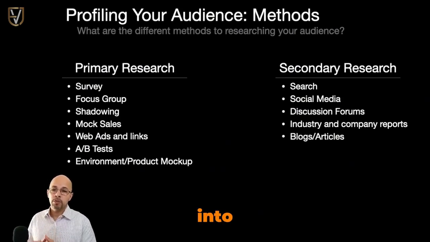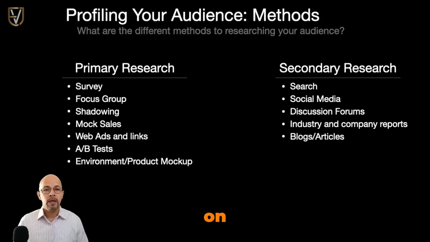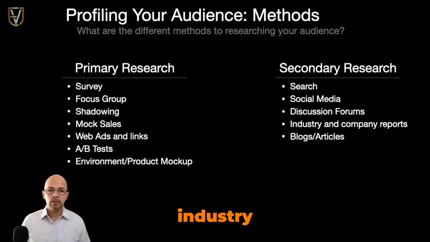You may want to jump into Facebook, Instagram, YouTube, and so on. Discussion forums like Reddit and Quora will sometimes have valuable information if the audience is present. And then there's industry and company reports, studying the competition, studying more about the industry, and then there's blogs and articles.